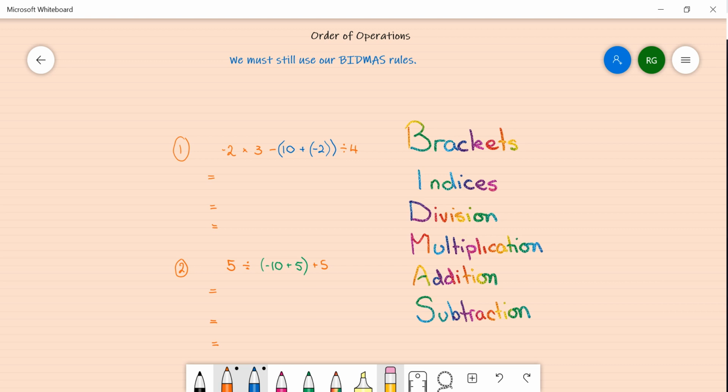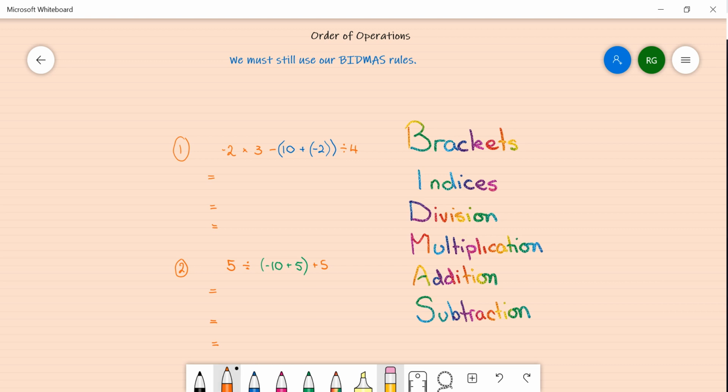Now in this example, there isn't actually anything to do in there. The brackets are there simply to indicate that we have 10 plus a -2. Now, if we remember from a little earlier, when we add a negative number, that's the same as just subtracting that number. So 10 minus 2.